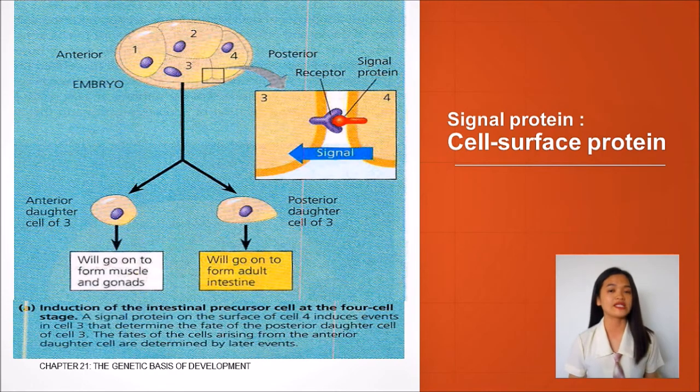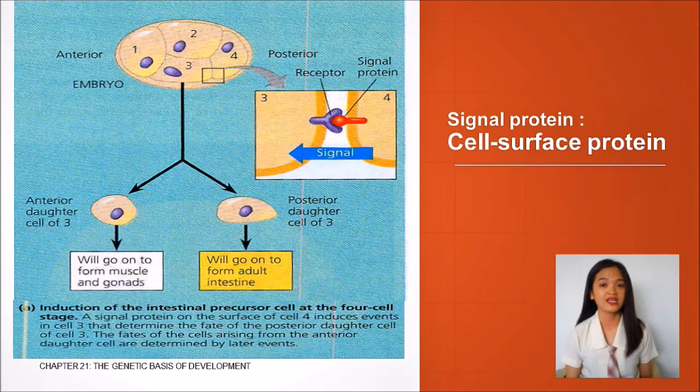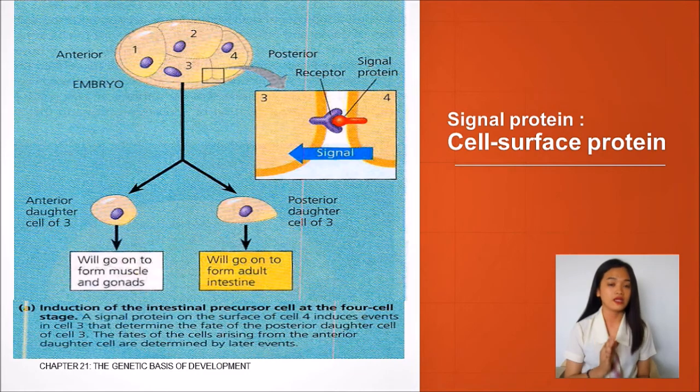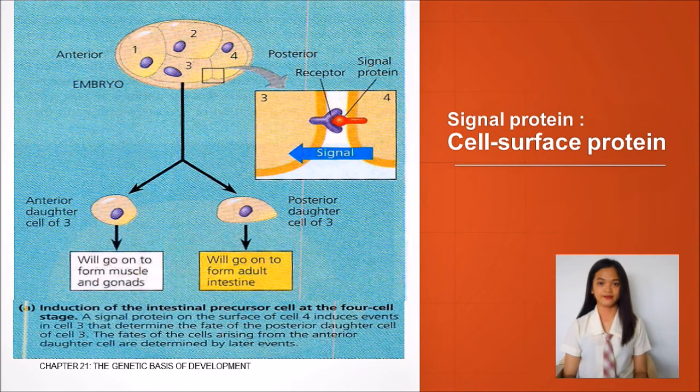If cell 4 is experimentally removed in the early 4-cell stage of development, then no intestine is developed. But if cell 3 and cell 4 are recombined, then the intestine will develop as normal. These results help researchers to know the role of induction in early nematode development.